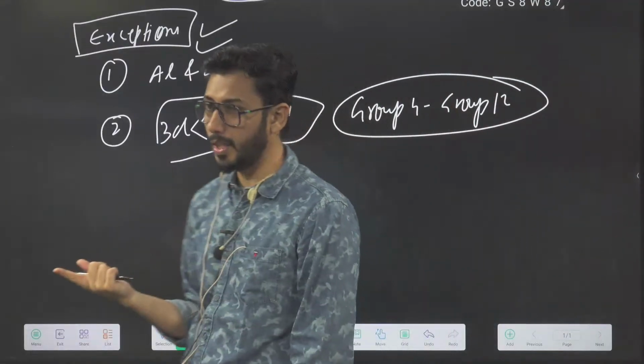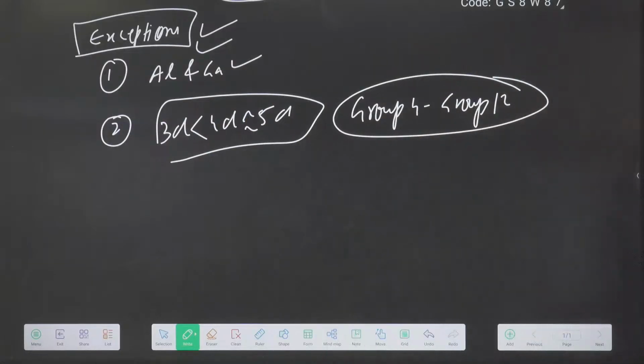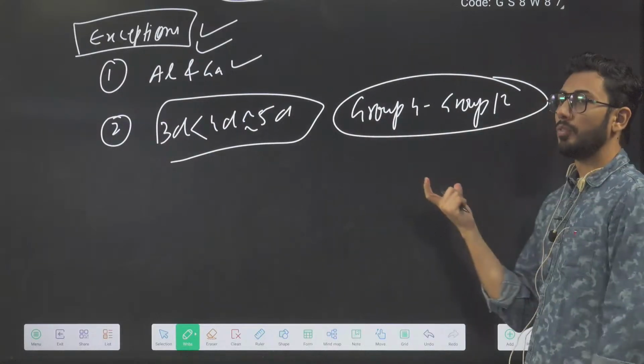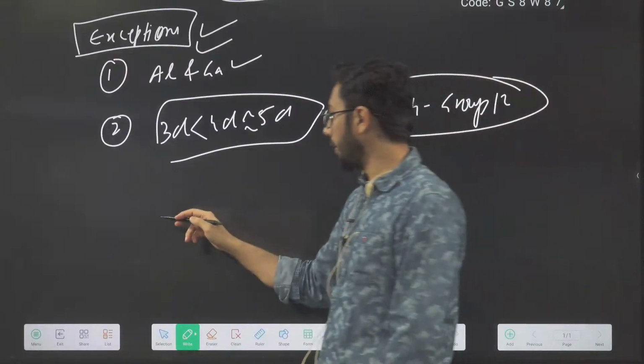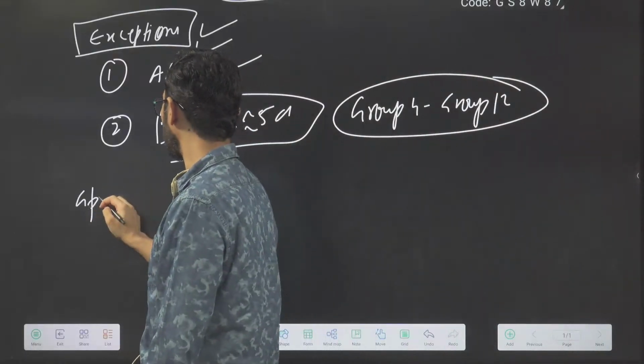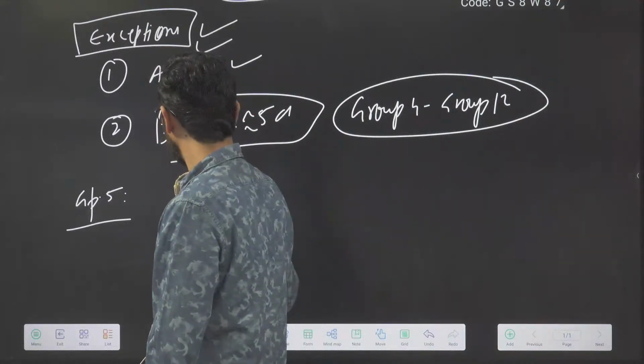Because after lanthanum, the lanthanide series is there, and then after filling of 4f electrons comes group 4. Another example you can add in notes, group 5: क्या example है?